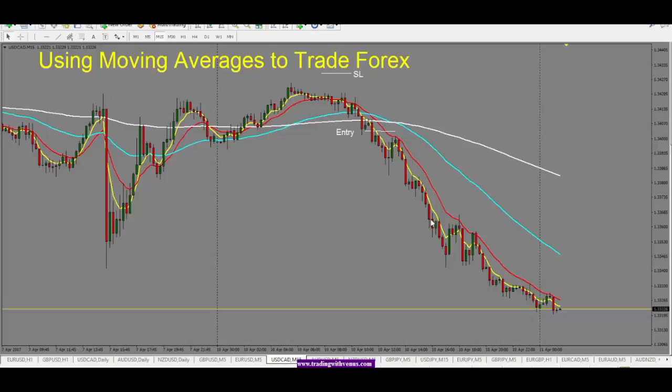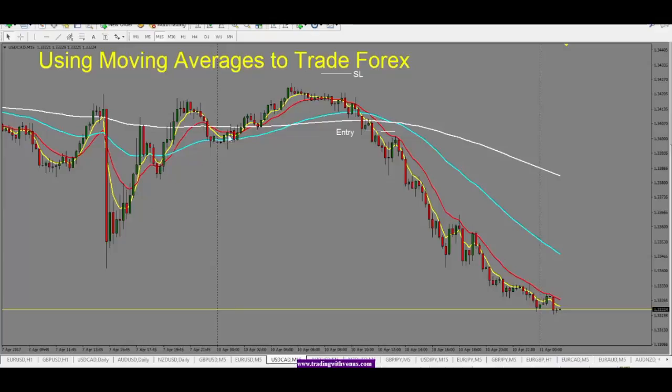In this case, this is a current price action, and at this point, as we can see, the moving averages are staying stacked. So we have 5 moving average, and then 13, 50, and 200. As long as they stay lined up like this, that means that price will continue moving lower. Once the yellow moving average crosses over to the other side above the red, just like this one here, that means the price is going to start moving up.